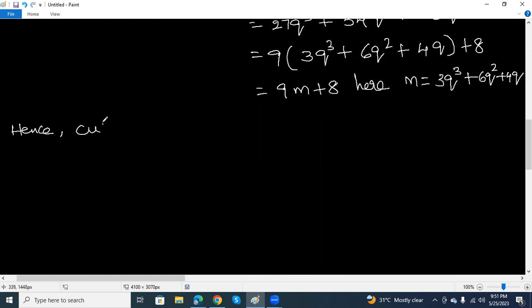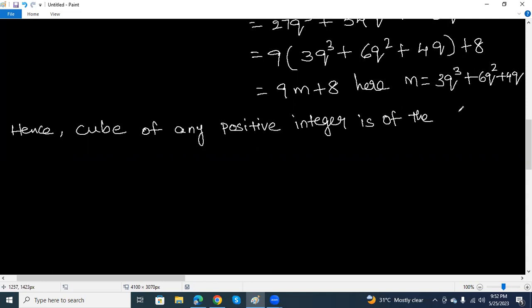Hence, the cube of any positive integer is of the form 9m, 9m plus 1, 9m plus 8. So this is how we can solve. I told you the example, we'll see.